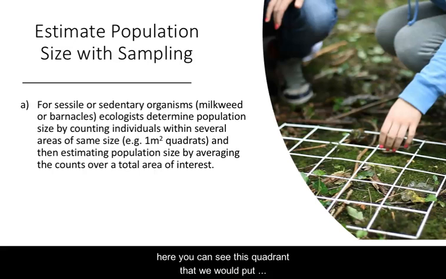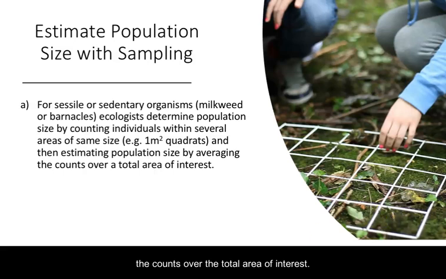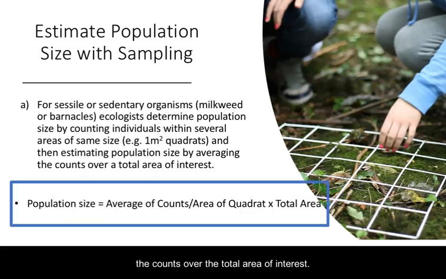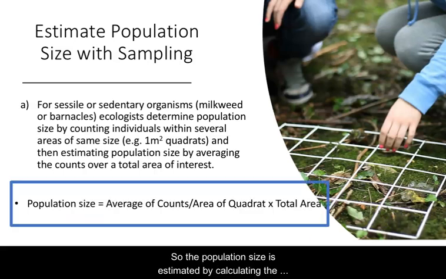So here, as you can see, this quadrat that we would put down on the forest floor to count specific numbers of species, and you move that around and then you estimate the population size by averaging the counts over the total area of interest. And so the population size is estimated by calculating the average of the counts divided by the area of the quadrat times the total area.